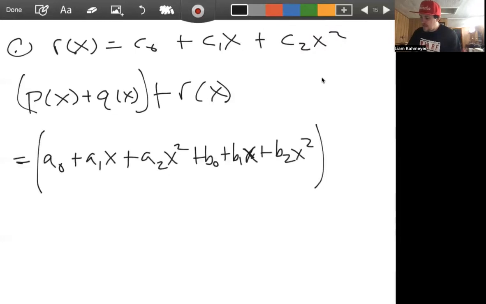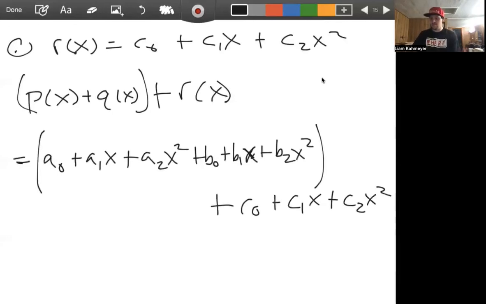And then we're taking that plus C naught plus C1X plus C2X squared. We know by the associativity of addition over the reals that this is the same as A naught plus A1X plus A2X squared.